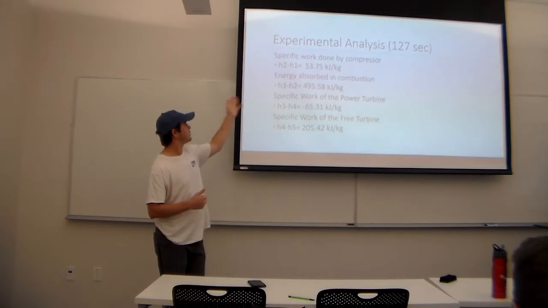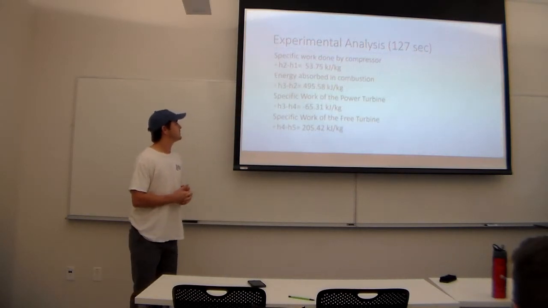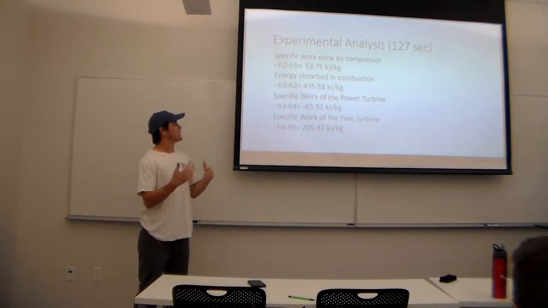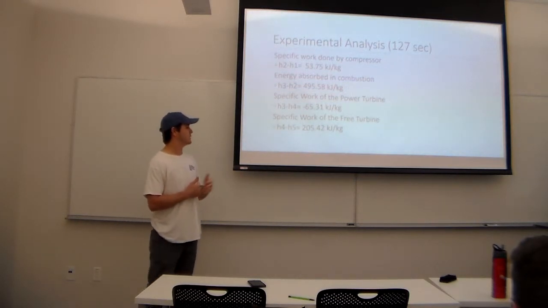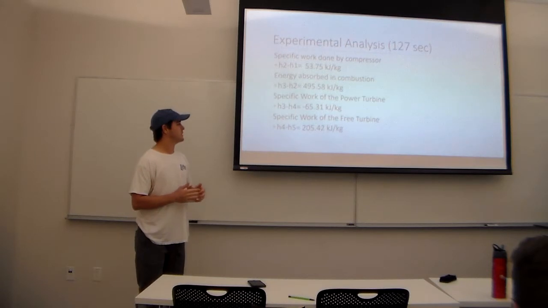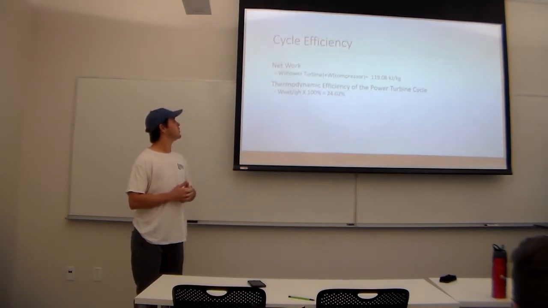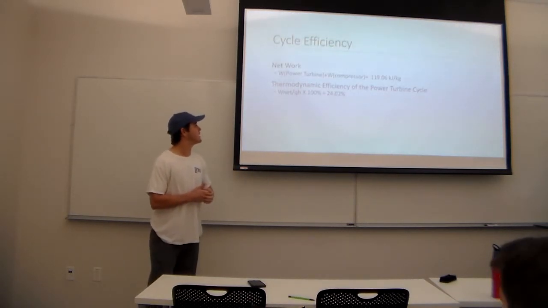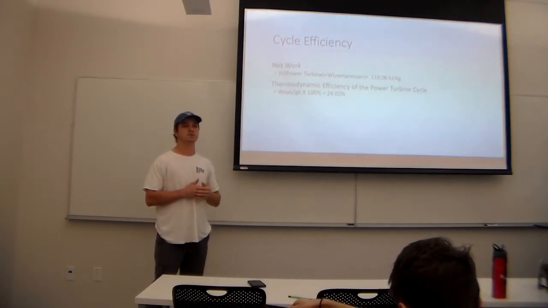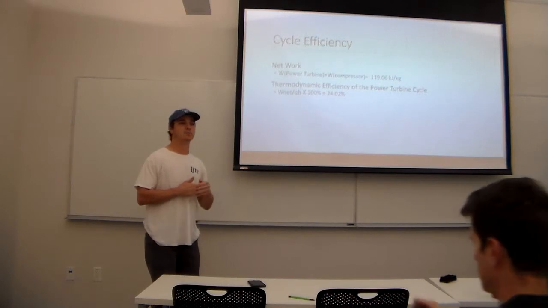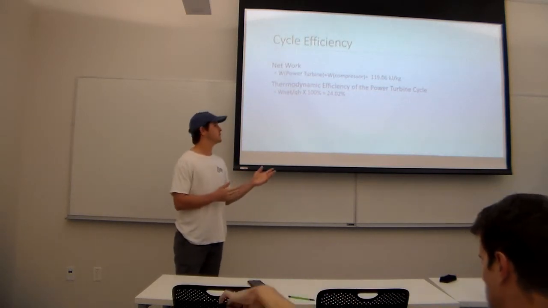So this is the work I've done. I took the energy absorbed and specific work of each component, and then I calculated the net work from the power turbine and the thermodynamic efficiency of the power turbine, which was low due to the amount of work it has to do powering the compressor and the free turbine.